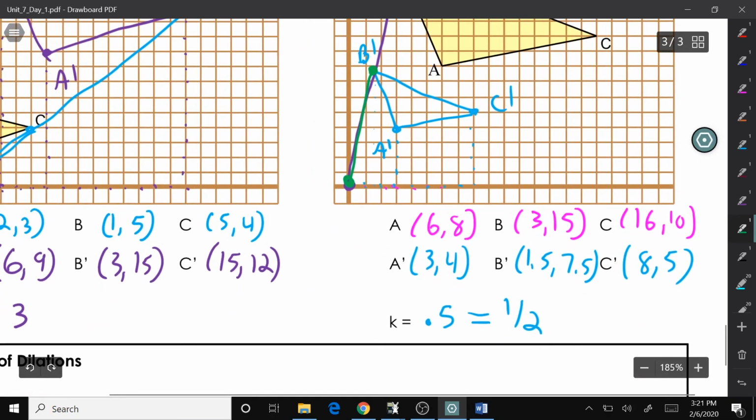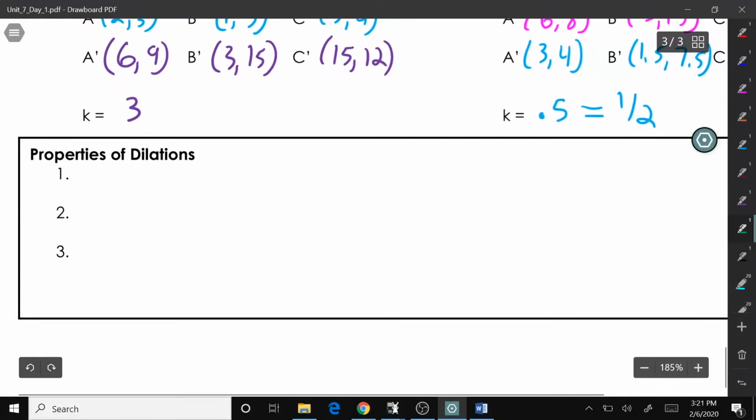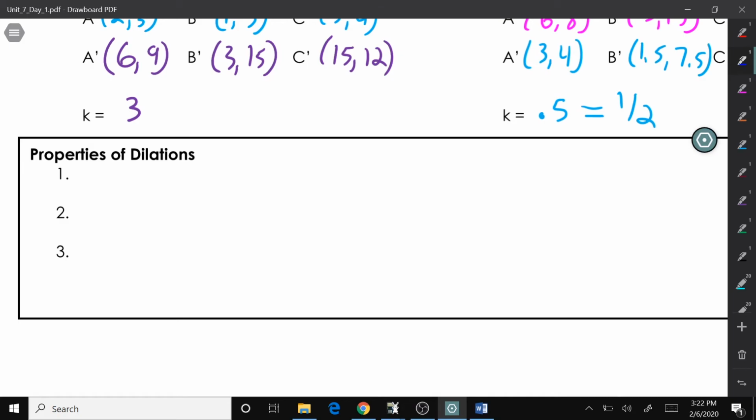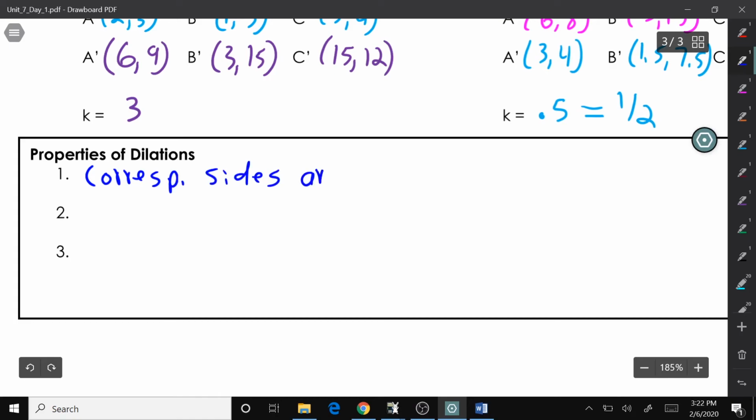So now let's go down here and get some properties of dilations written down. We have two main properties of these dilations. First one, corresponding sides are proportional.